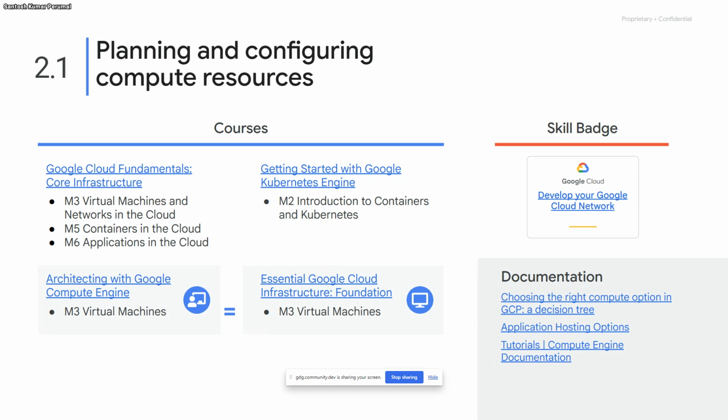So you can easily understand, and also the networking services which we will be discussing in the further slides will also be mainly covered in these things. And also make sure you follow the documentation as well, specific to these topics.